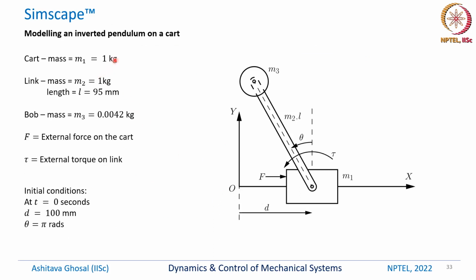So in Simscape, we will take this example of modeling an inverted pendulum on a cart. This is a very classical problem in multibody dynamics and control. So basically what you have is a cart. It's like a cart with wheels. It can go along the x direction, and then on top of that there is a pendulum.